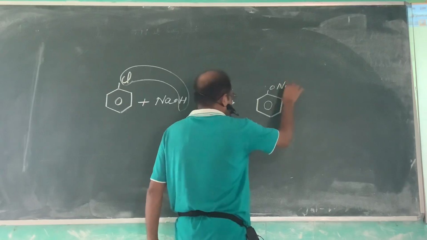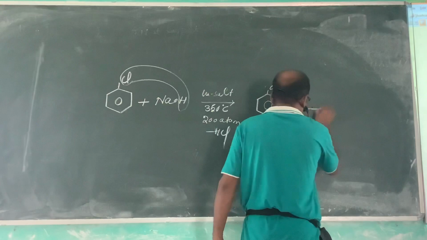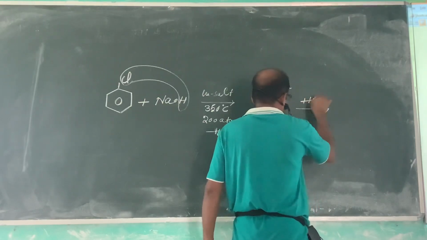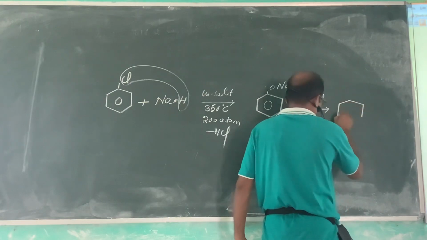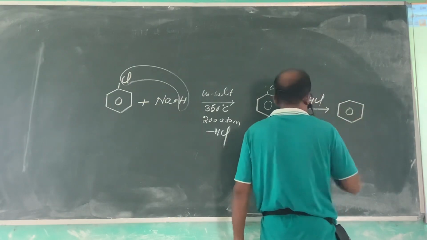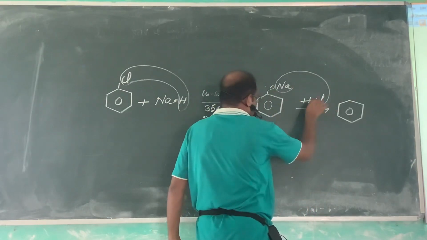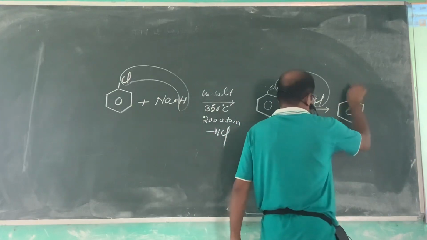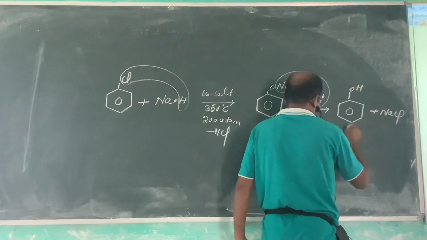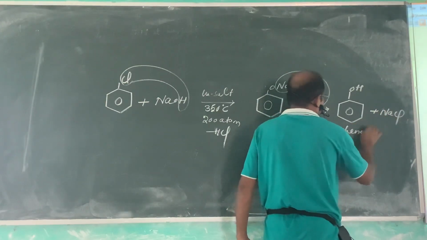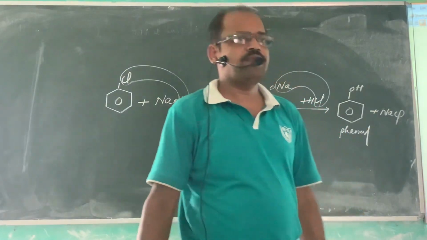This is the formula for sodium phenoxide, which on acidification gives phenol. Acidification means addition of acid. That means when sodium phenate reacts with hydrochloric acid, it gives phenol. This is the formula for phenol. This process is called Dow's process.